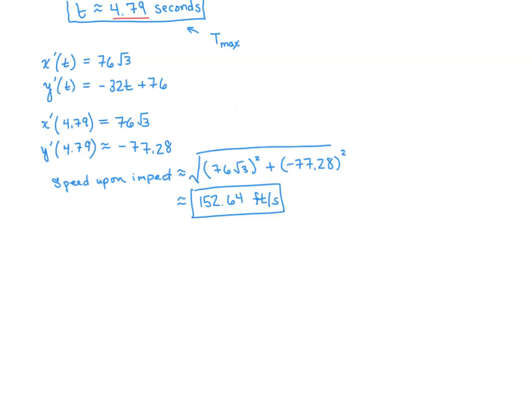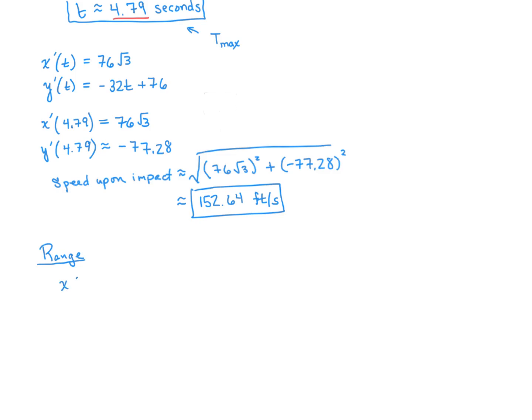Now the last component is, what's the range? So that is the horizontal distance traveled during the time of flight. And so the range would be simply the x value evaluated at this time that we found initially, the 4.79 seconds.